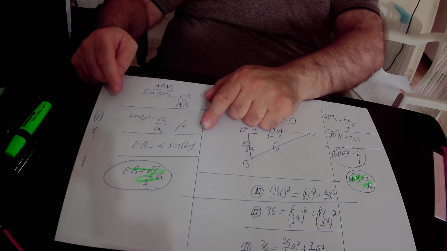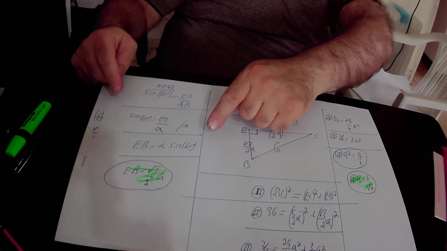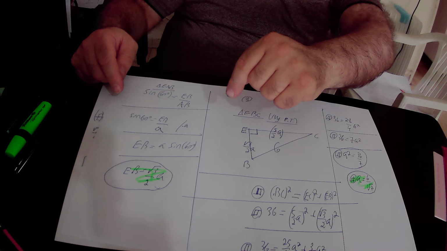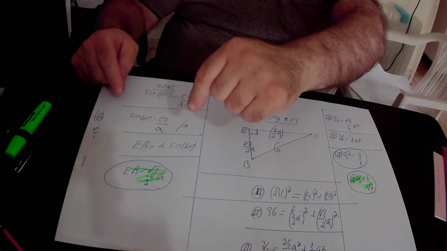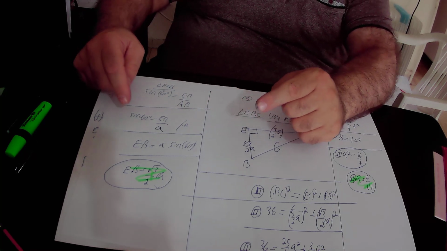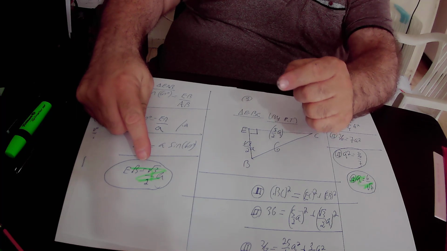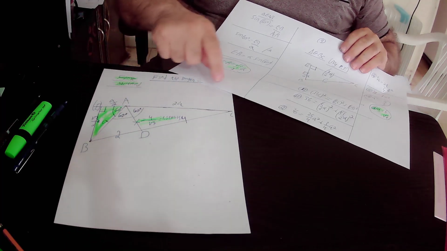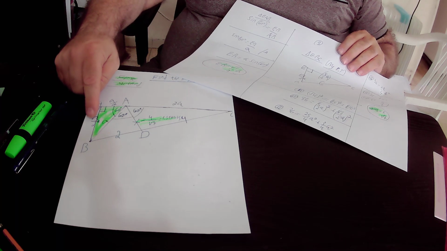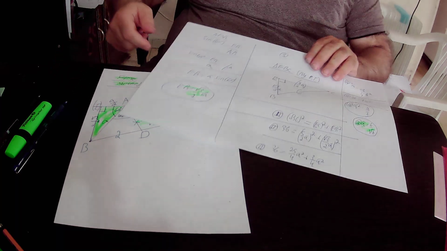Sine 60 degrees equals square root of 3 over 2, so we substituted it, and we found in conclusion that EB equals square root of 3 over 2 times A units.